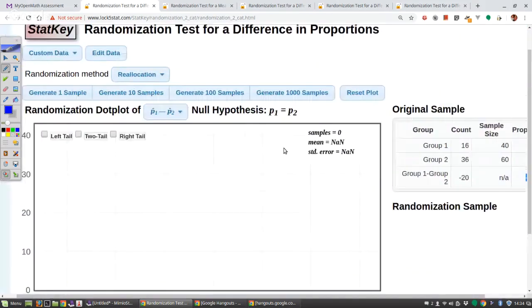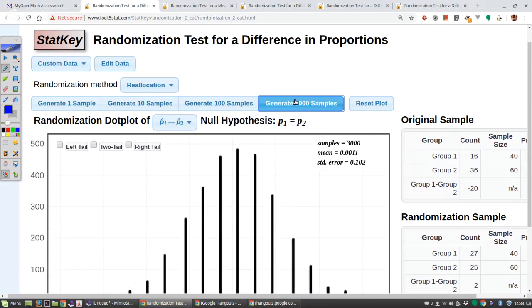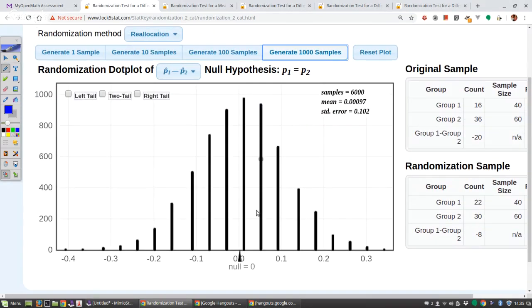So once that's in there and I have my hypothesis set, which Statistic sets for me on a difference, I generate many samples. Remember, we're building a sampling distribution. So each one of these is a different sample of 40 men and 60 women that have slightly different tastes on cats. So there's the distribution.